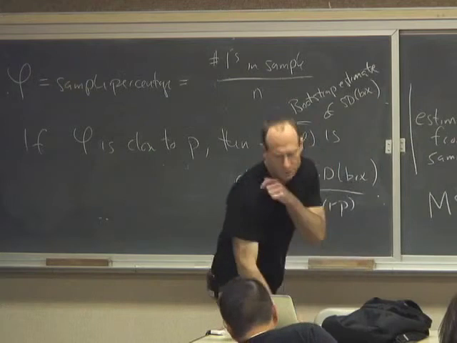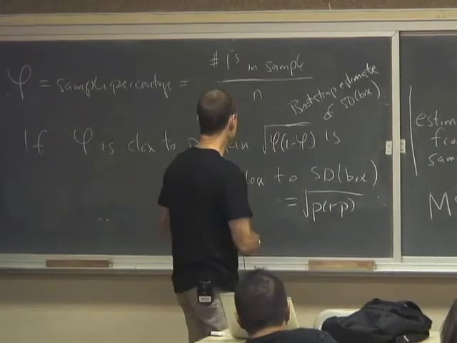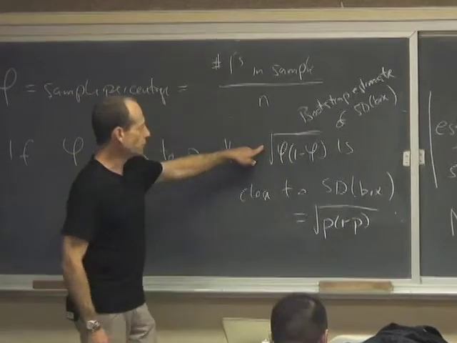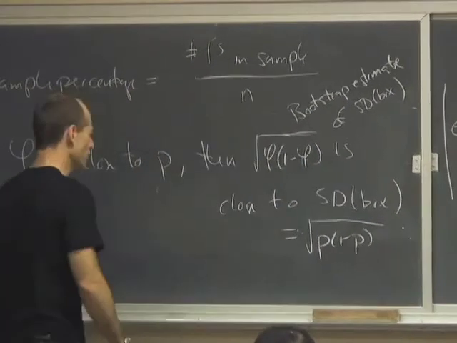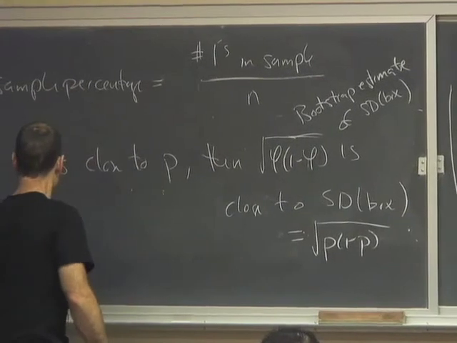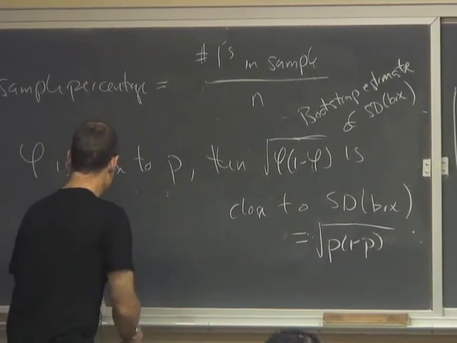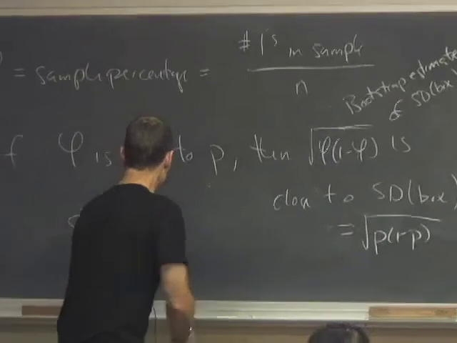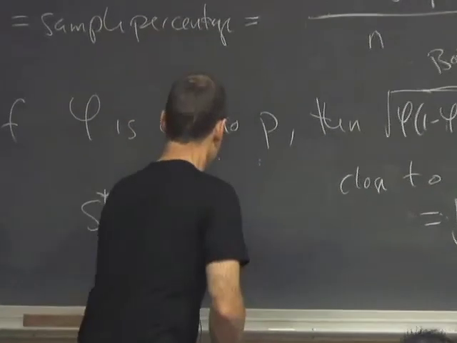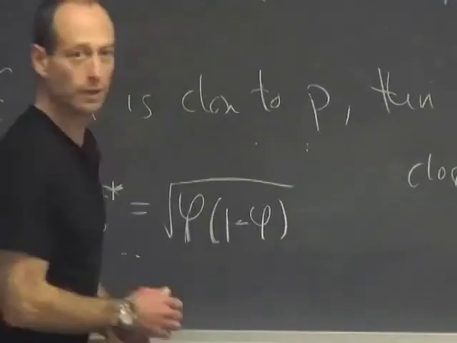So the bootstrap estimate is going to be denoted S star. S star is the square root of the sample percentage times 1 minus the sample percentage.